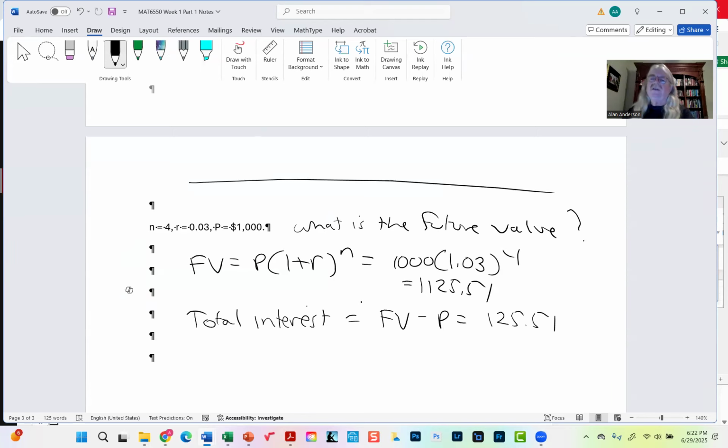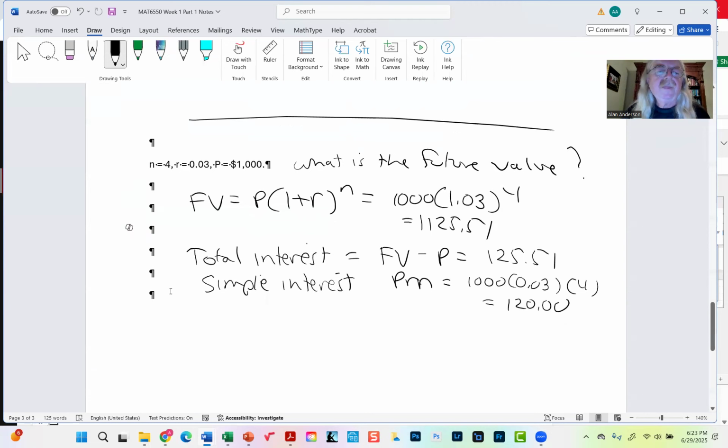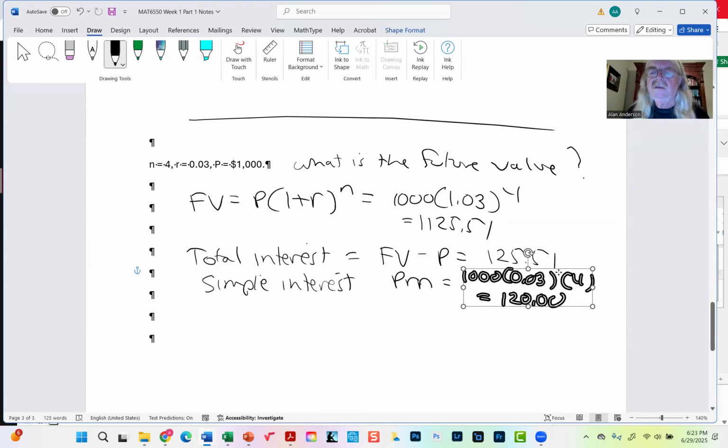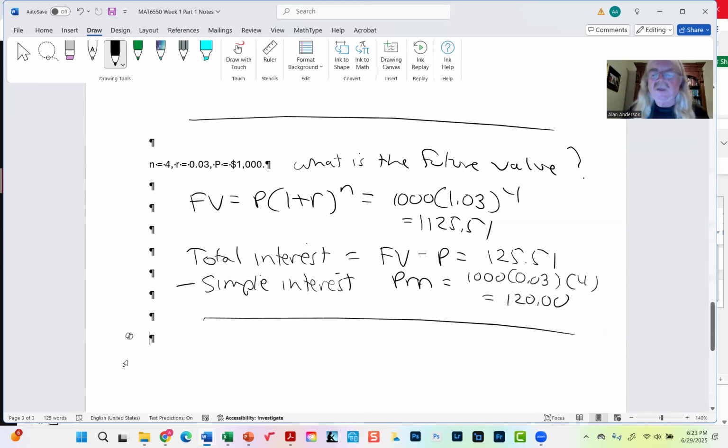Now, remember, I mentioned earlier that the simple interest is the principal times the rate times the number of years: 1,000 times 0.03 times 4, $120. So whatever's left over must be the compound interest. So the difference, I put the little negative there.